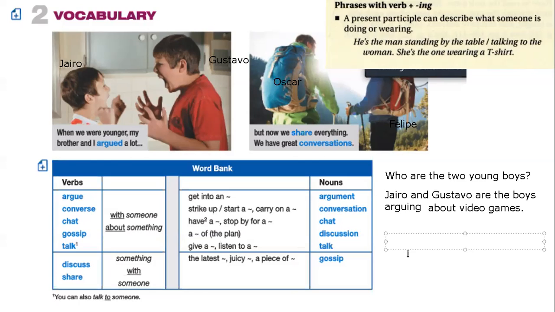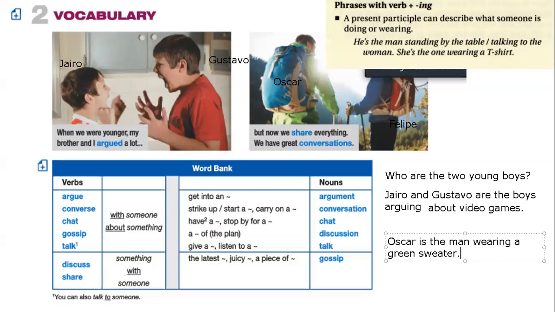So, who is Oscar? Tell me about Oscar. Oscar is wearing a blue, green sweater and taking a backpack. Oscar is the man wearing a green sweater. Very good.